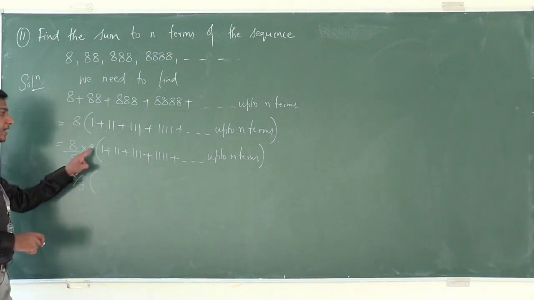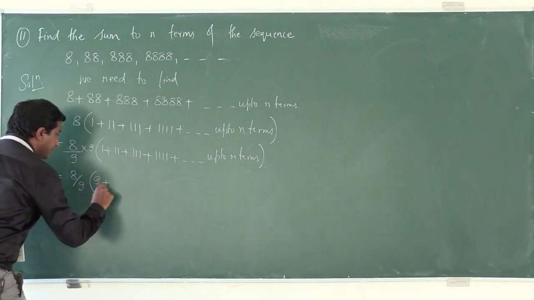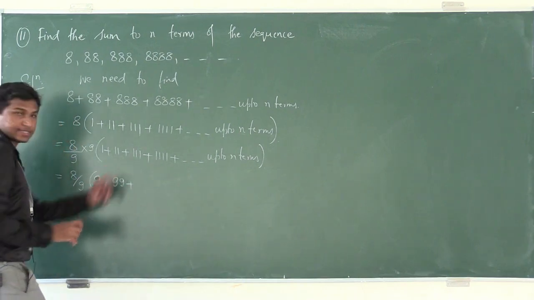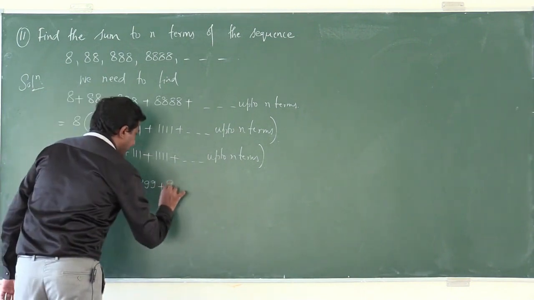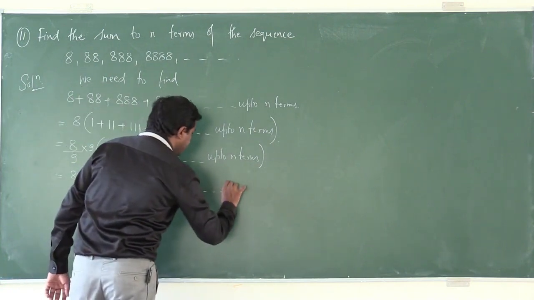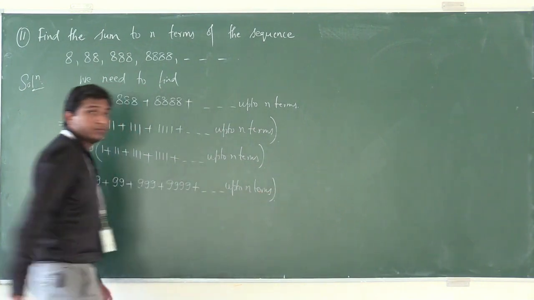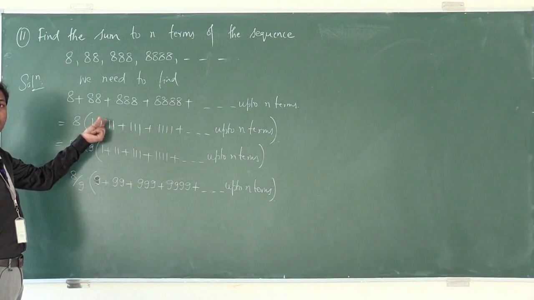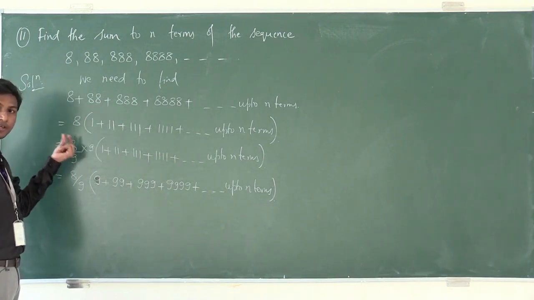When I multiply 9 with this series, I get 9 plus 99 plus 999 plus 9999 plus so on up to n terms. So what have we done? The first step, we have taken 8 common, then we have multiplied and divided by 9.